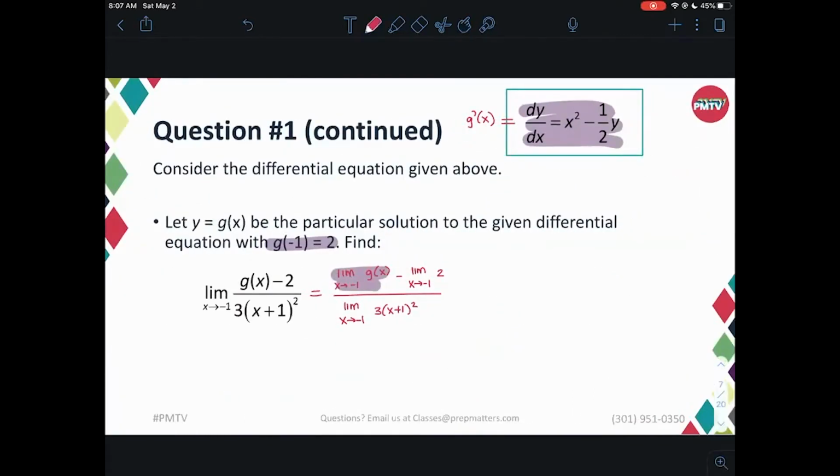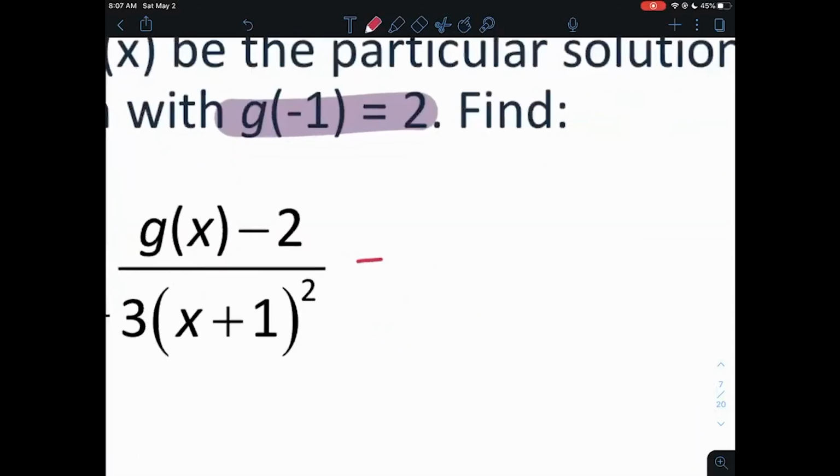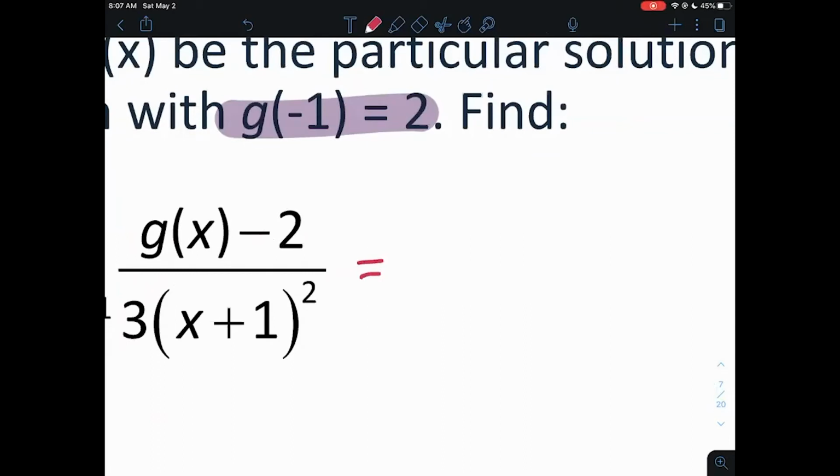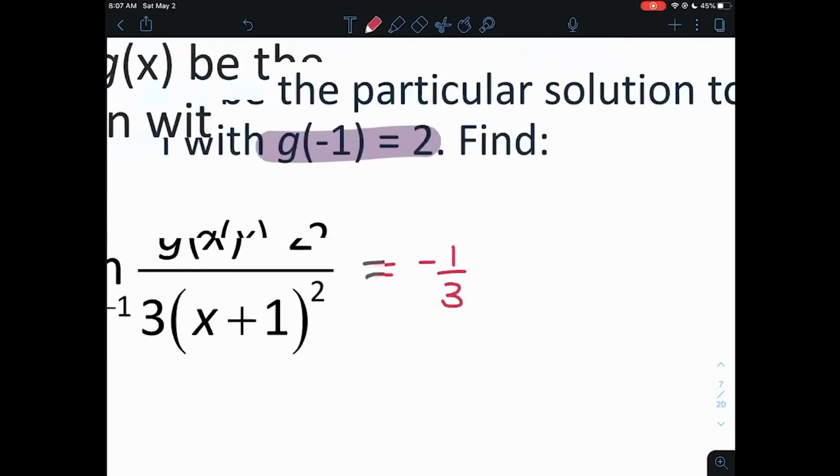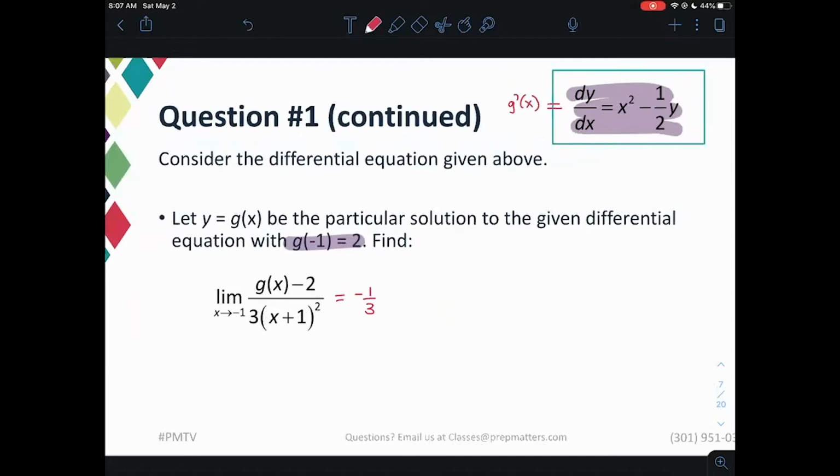And once we do all of that, that will finally give us something that's not indeterminate form. We will end up with this limit equal to -1 over 3. So this one is some good practice for using L'Hopital's rule.